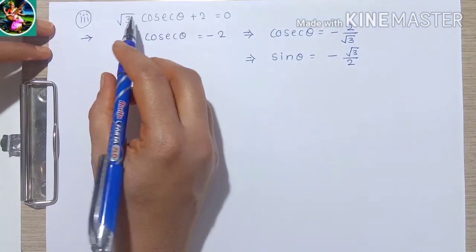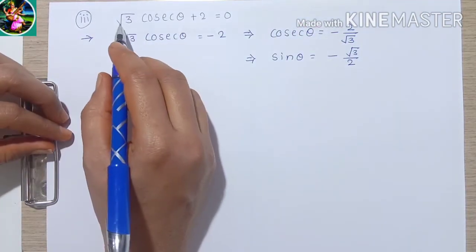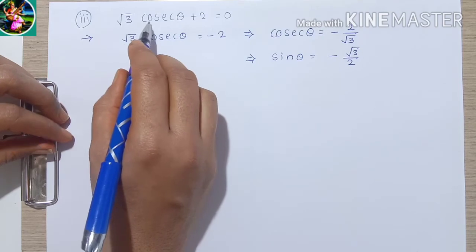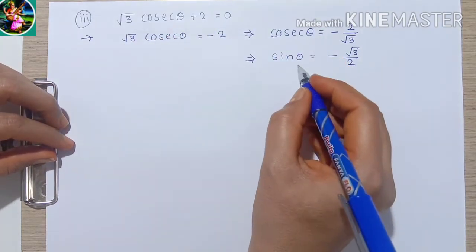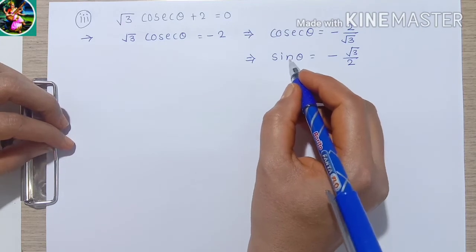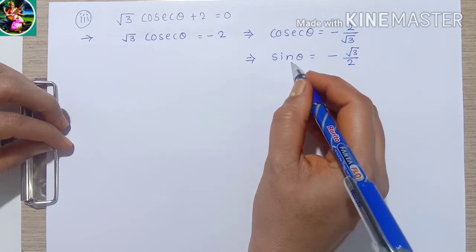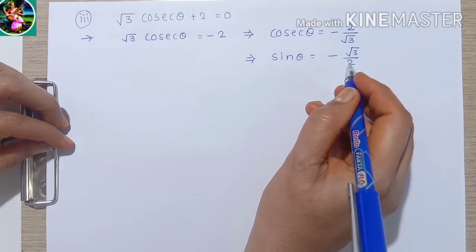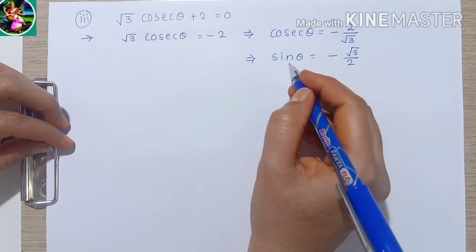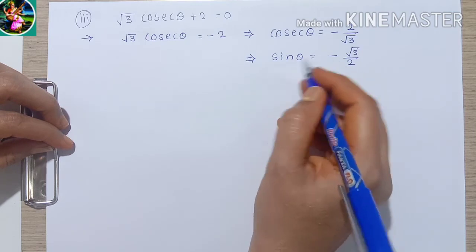So we have to find the principal solution for the trigonometric equation root 3 cosec theta plus 2 is equal to 0, that is, for sin theta is equal to minus root 3 divided by 2. Now we find the principal solution for this trigonometric equation.